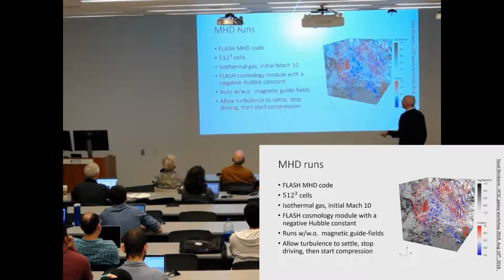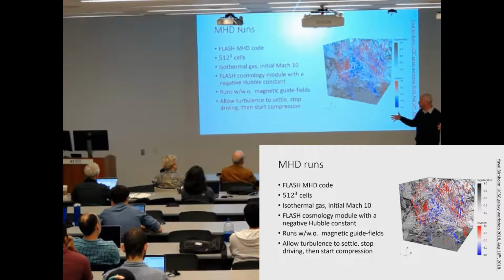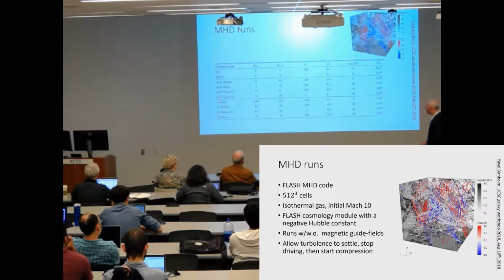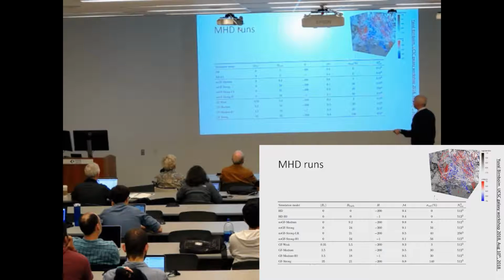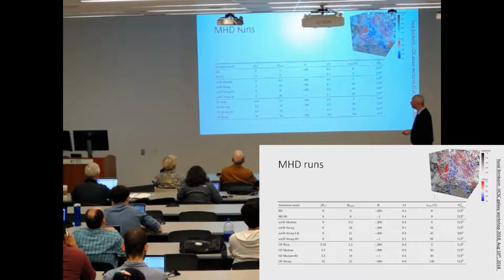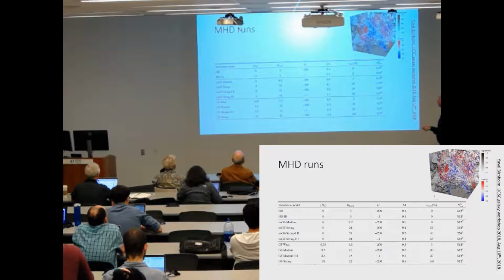We performed runs with and without magnetic fields, and magnetic field guides, and the way we do it is initially we allow the turbulence to settle. We drive it for a few turnaround times. Then we stop the driving and start compressing the box and see how it reacts. So these are the runs that we did: a few hydrodynamic runs, a few runs without a guide field, and a few runs with a guide field, different compression rates, different resolutions.